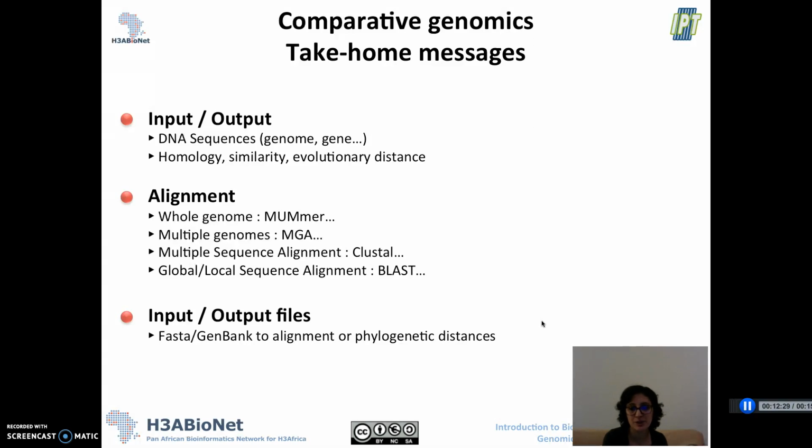So phylogeny would be, as I told you, a completely different field. I hope you got at least the most out of it in terms of algorithms, and also the different notions and definitions. What is a global and a local alignment? What are the differences between them? What is a pairwise sequence alignment or a multiple sequence alignment?